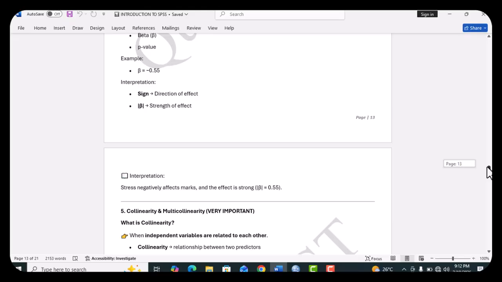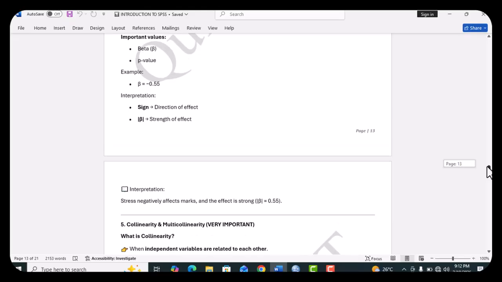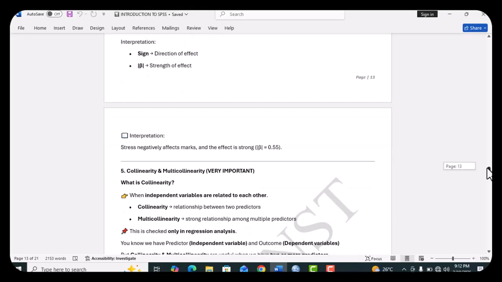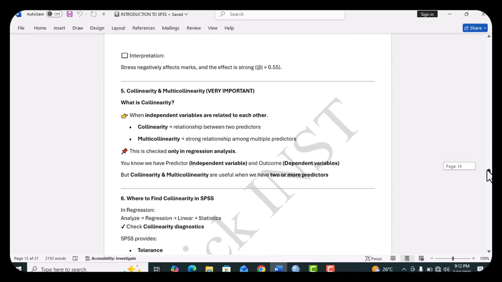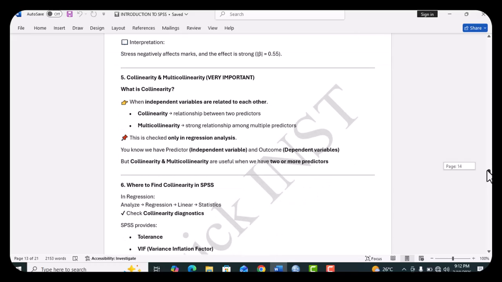So the beta. So let's go to collinearity and multicollinearity. It is also very important. This is when independent variables are related to each other. Collinearity is with just two predictors, and multicollinearity is with multiple predictors.